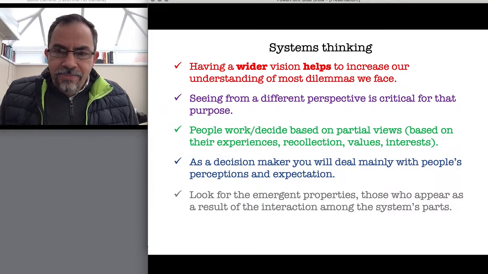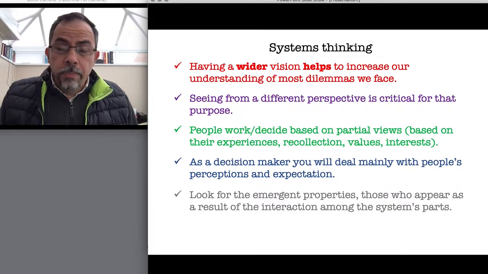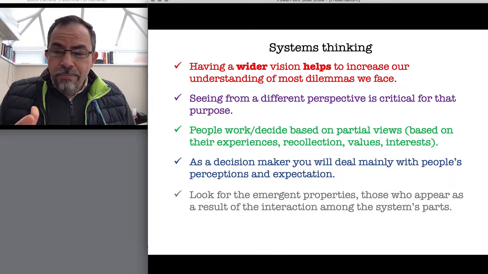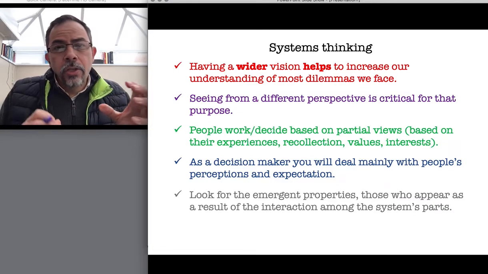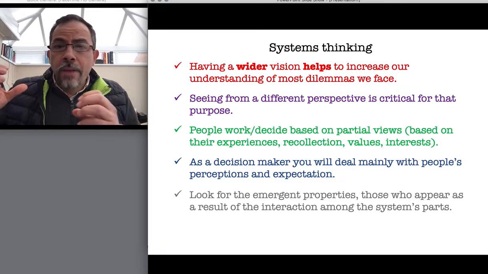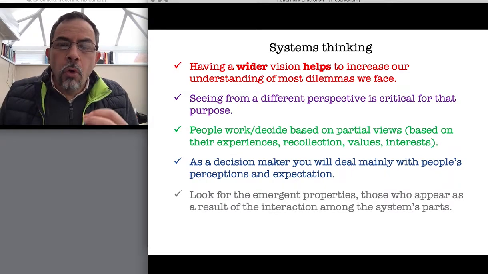Final two elements. Every time you have the opportunity to work with people or to work with a system, and remember, a system could be anything from an organization to a corporation to a mechanical system, look for what we call the emergent properties.